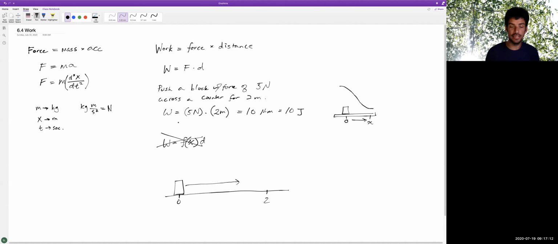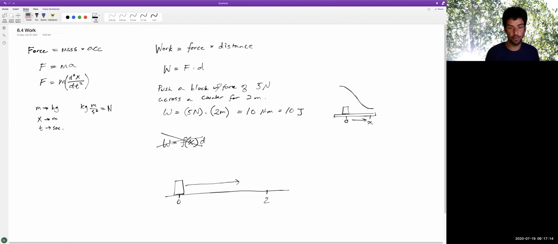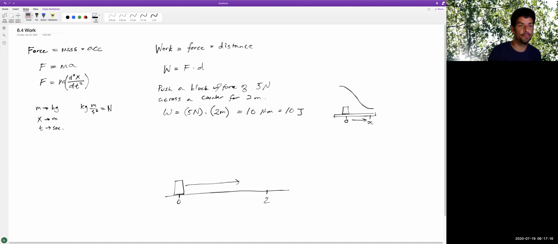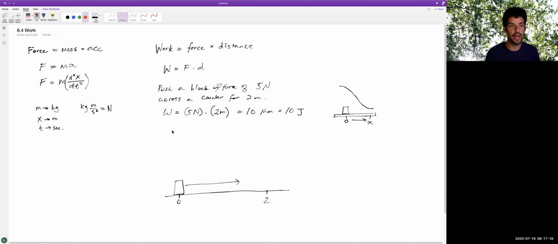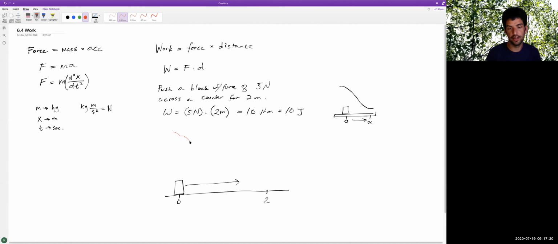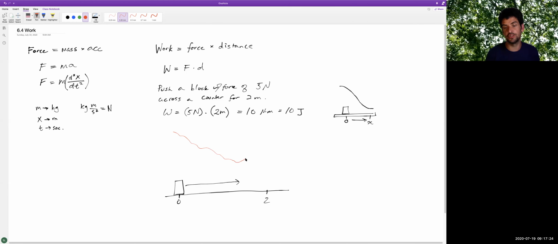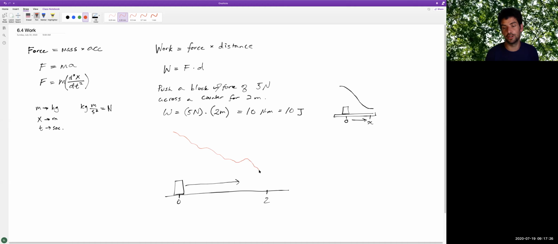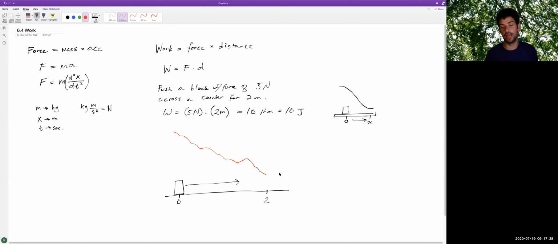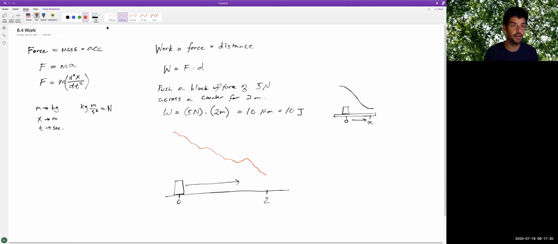And all I need to know, I don't know exactly what the function is, but I'll just draw a picture of it. Let's just say that I'm growing tired as we go. So the force is generally just decreasing. Maybe once in a while I get a second wind and push a little harder, but the force is going down as I move across, right?